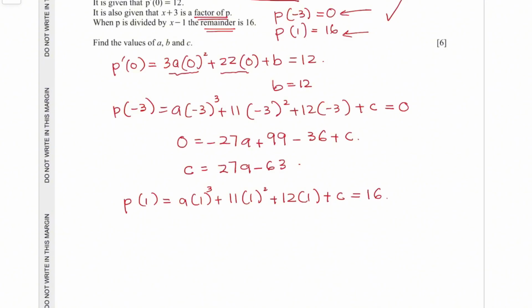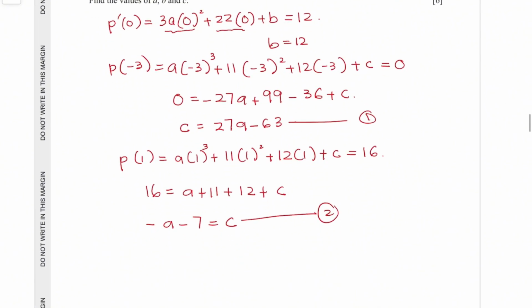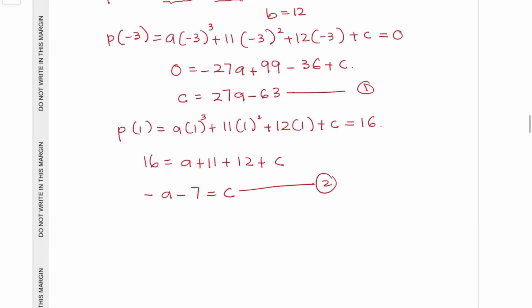Simplifying this, then you'll have 16 is equal to a plus 11 plus 12 plus c. Rewriting this, you can have -a minus 7 is equal to c. Now you have both equations in terms of c. First equation, second equation in terms of c. Means that you can equate them together to get rid of the c.